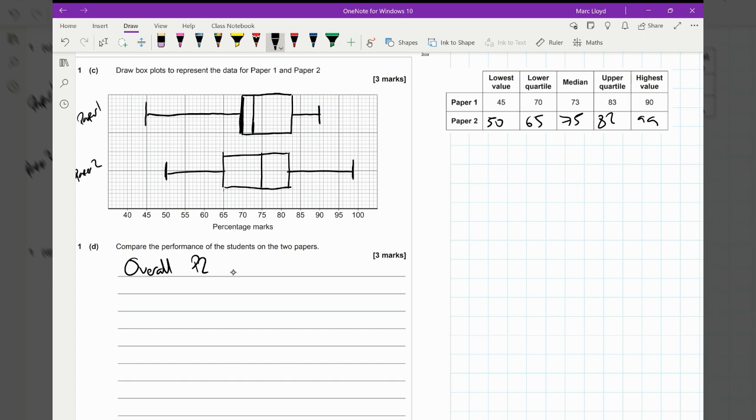Paper 2 achieved higher scores because it has a greater median. I'm going to put 75 instead of 73.